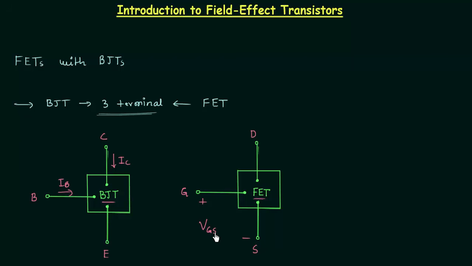This is the potential difference between the gate terminal and the source terminal, and the current in this branch, that is the output current, is equal to I subscript D. So BJT and FET both are 3-terminal devices.